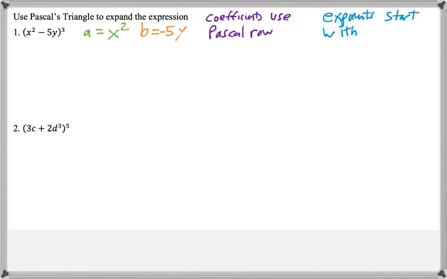For my coefficients, I'm going to use Pascal's triangle row 3 because my exponent is 3. And then my exponents are going to start with 3 and 0. And again, that's because my exponent is 3.